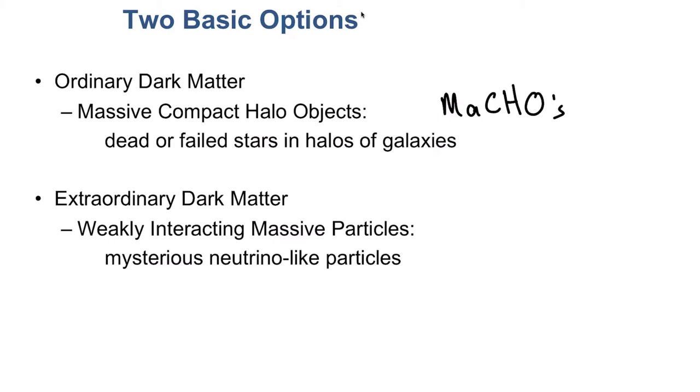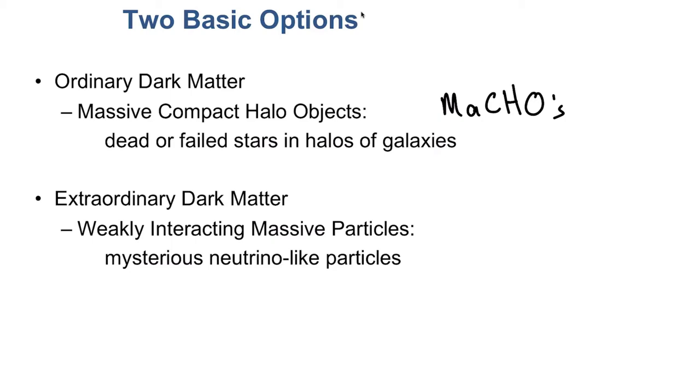And so the other option is that this is not baryonic matter, that this is some other kind of thing, perhaps some neutrino-like particle that has no charge and therefore interacts not at all with photons or light. And if it's not neutrinos, we know we've measured the number of neutrinos out there and there aren't nearly enough of them to be able to explain the dark matter.